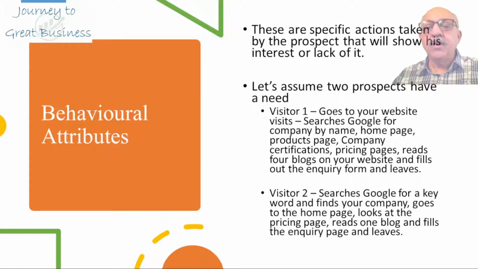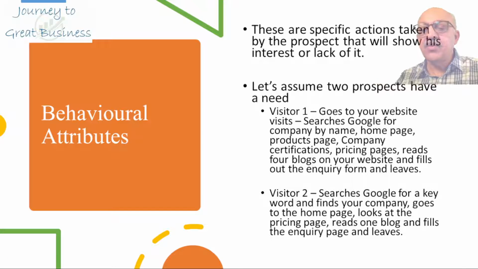Now, how is your prospect behaving before he actually sends the lead to you? Just for an example, let's take two visitors. Let's take visitor one. He is a person who knows your company and he wants to buy the product from your company. So he goes to Google and he types your company name and arrives at your homepage.